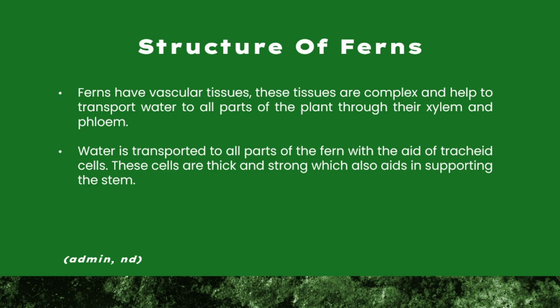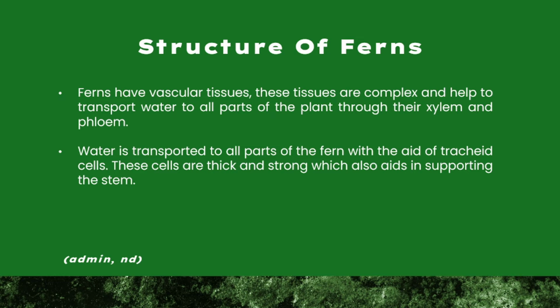Ferns have vascular tissue, which is complex and helps with the transportation of water through the xylem and phloem. Xylem transports water and minerals, and phloem transports food and so on.